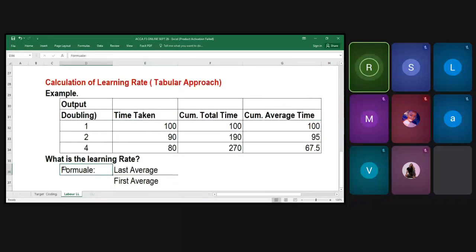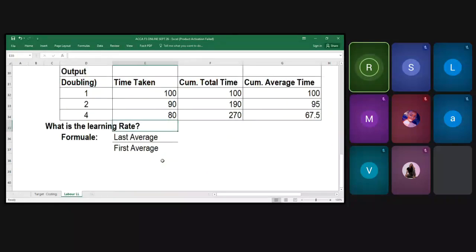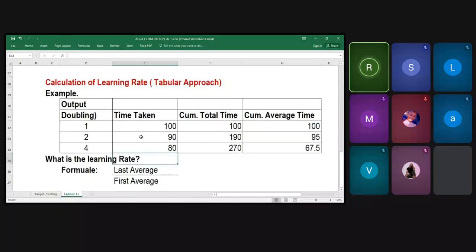Now, what is the learning rate? I was trying to explain this. Of course, you see other formulas, but don't follow through those. They are quite confusing. Just follow through this one. From your table here, you are going to first of all consider your average times.